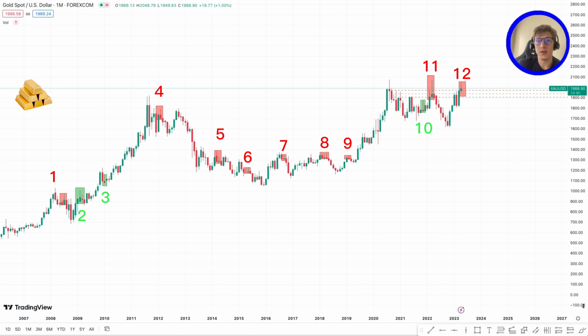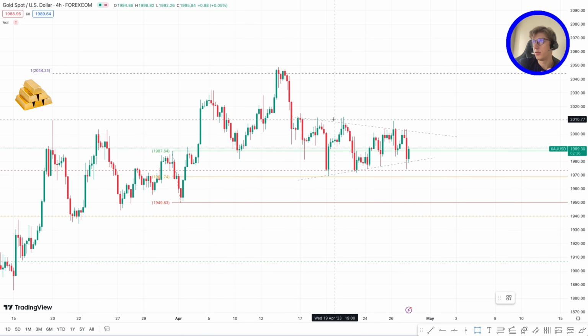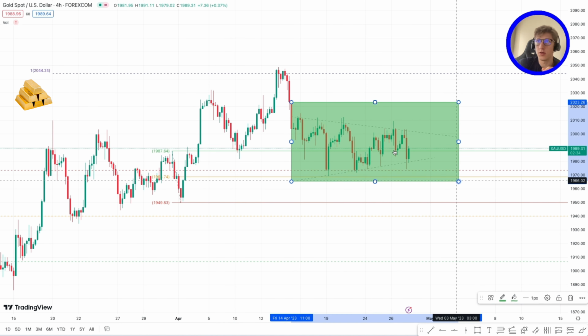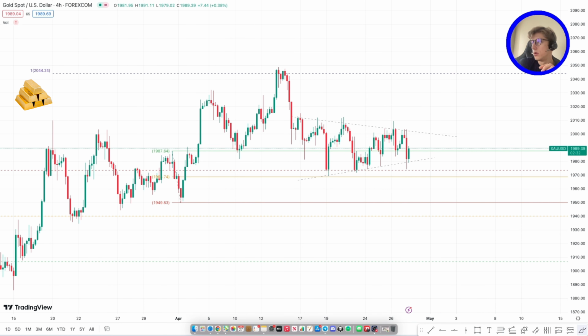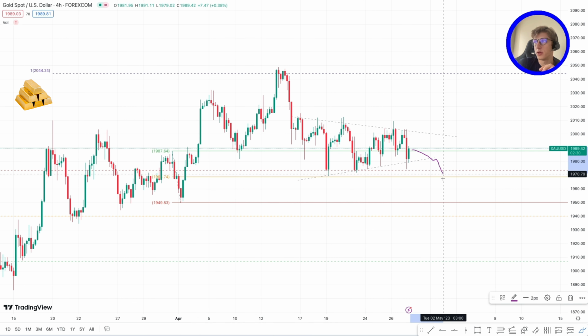But now we can zoom into the actual trade that I'm looking at on a smaller time frame and how I'm looking to execute this bearish sentiment that I'm anticipating on gold. So we zoom in right here in this box that I'm anticipating is going to break down. So something like this, right?